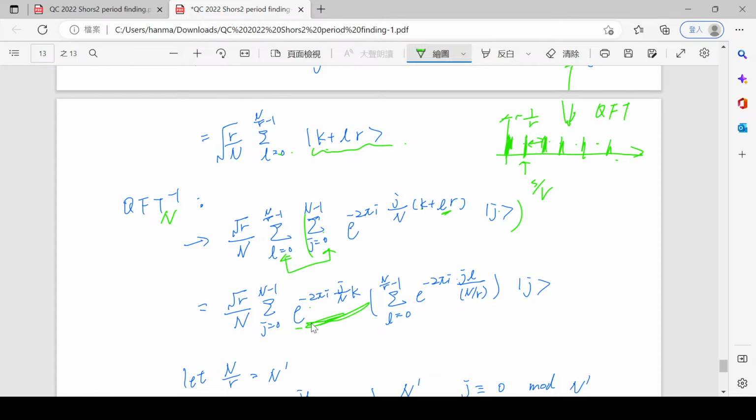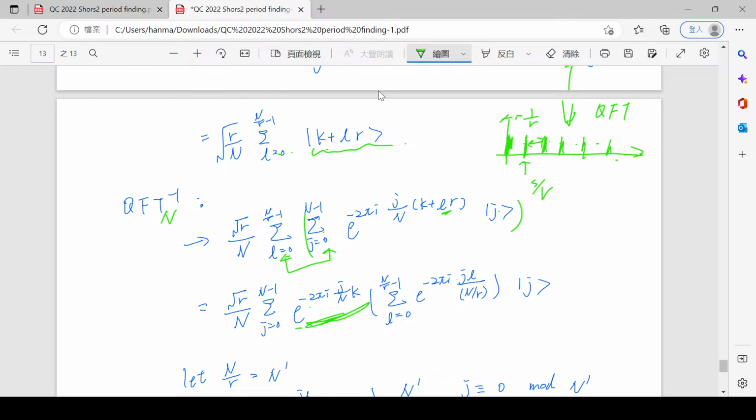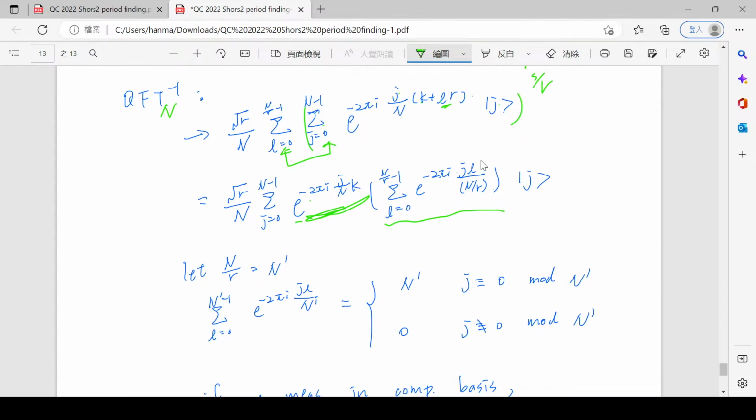This part we don't actually care about, it's only a phase. The actual part we care about is how the remainder depends on l, because we want to sum over l from 0 to n over r minus 1. Here we have e to the 2 pi i times j l r over n. But we are going to group things together in a better way. We have an r up here, but we move it downside and divide n by this r.